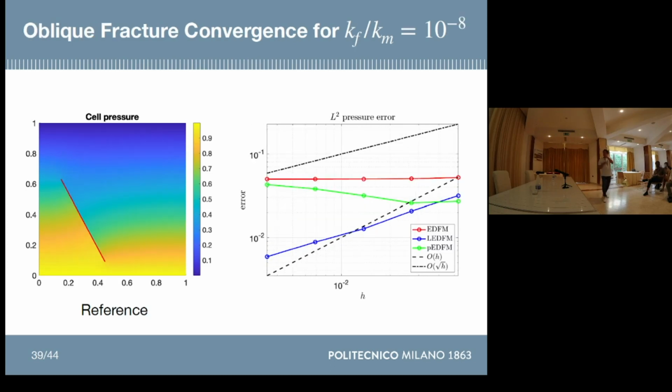If we now pass instead to the oblique fracture case, the result is more extreme than before, in the sense that the projection method, as the grid is refined, gets worse and worse, almost reaching the error values of the embedded method. And this, luckily, doesn't happen for my method, the local method.